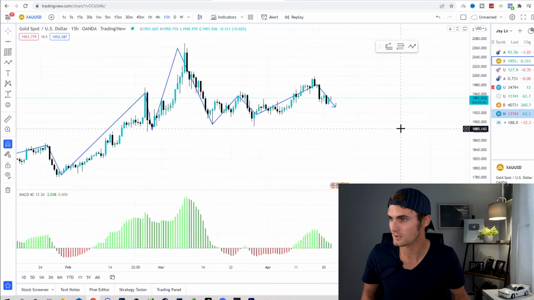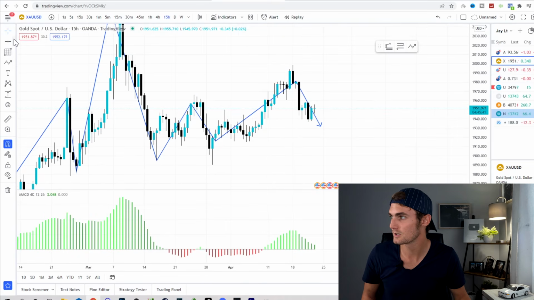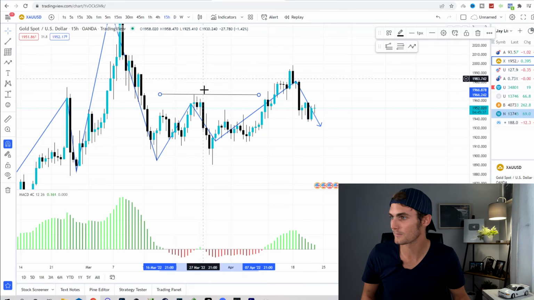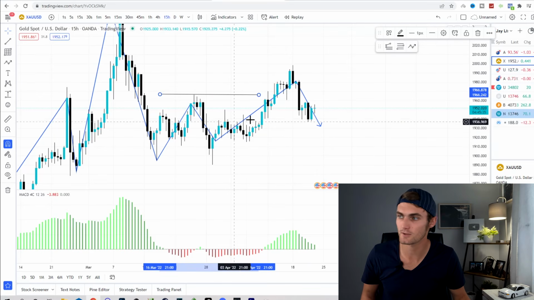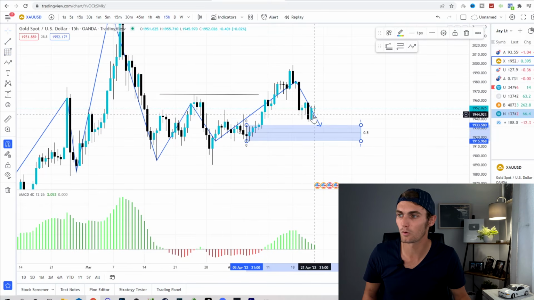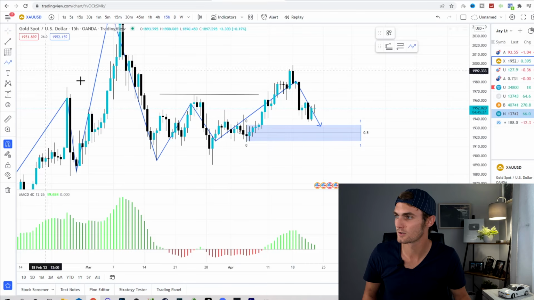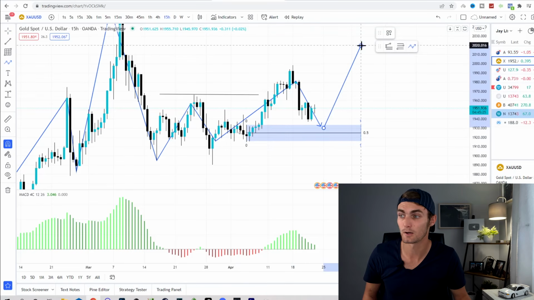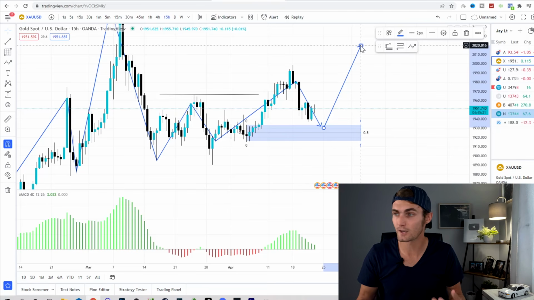If I zoom in on this, we've had a break of structure over here. So we could be looking for a breakthrough and then a retest on any supply or demand zones over here. Here we have an unmitigated demand zone, so we could look for buys along this area to continue higher up. But this obviously is just to get an overall idea of which direction the market is going.